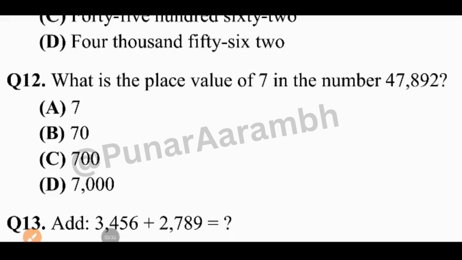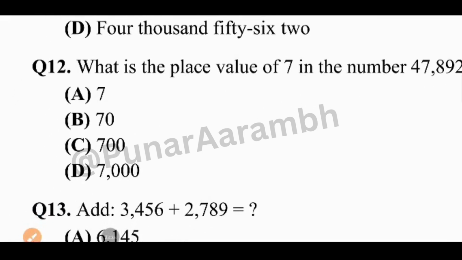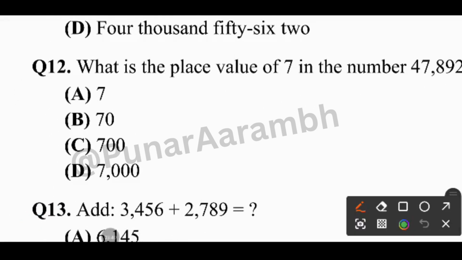Face value is the digit itself. It never changes. Always remember, one is face value and the other is place value. Face value is always the digit. It never changes. Please keep this in mind. This is important.